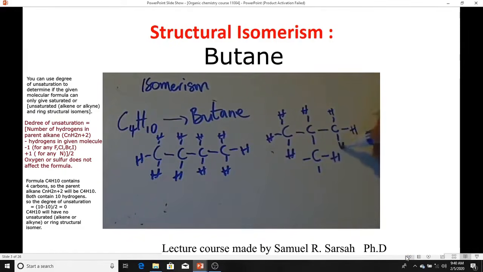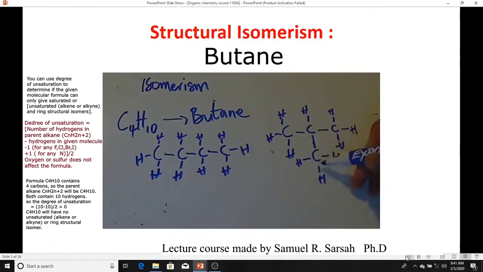So this satisfies what we call structural isomer. We have 1, 2, 3, and this carbon is branched on carbon number 2. Obviously this is a substituent.